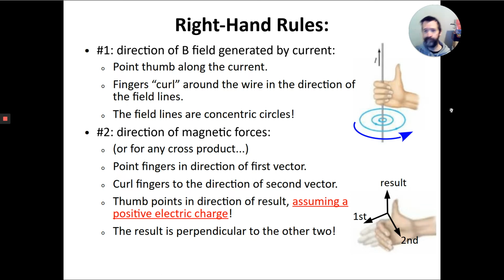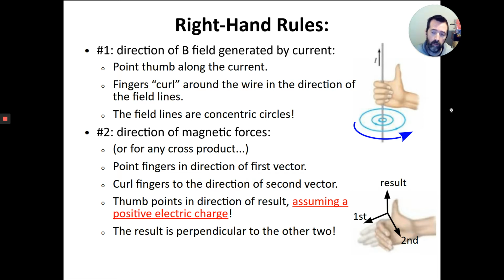So, as in the example shown there, if my thumb goes up because the current goes up, when I curl my fingers, they are going to be going this direction, and that's the same direction as that blue arrow indicated there to show you which way the magnetic field goes.